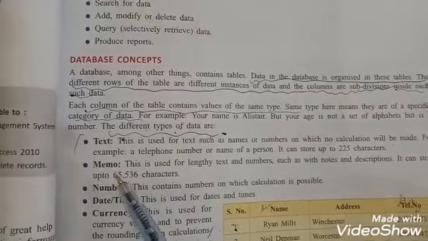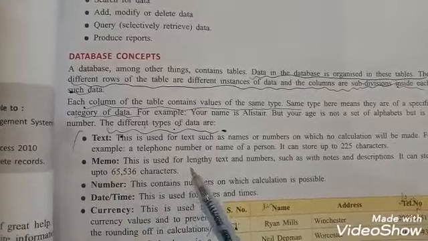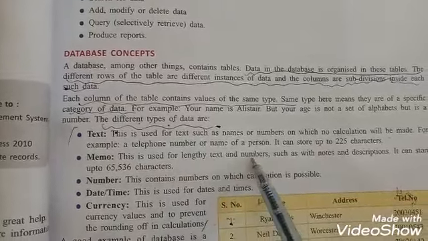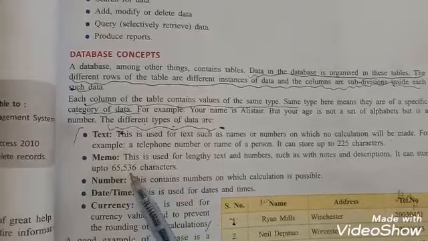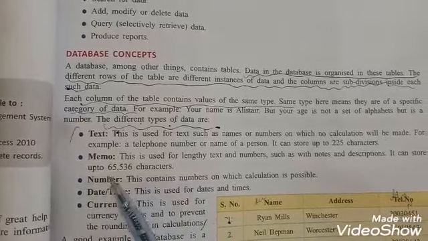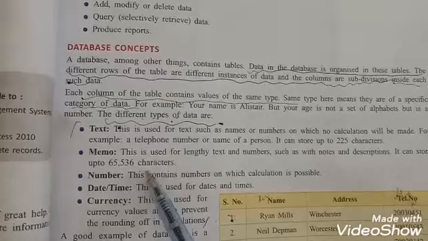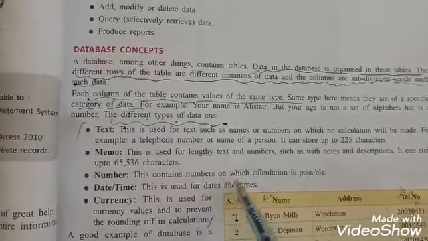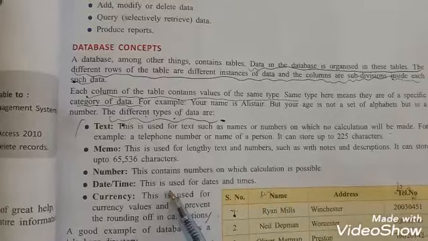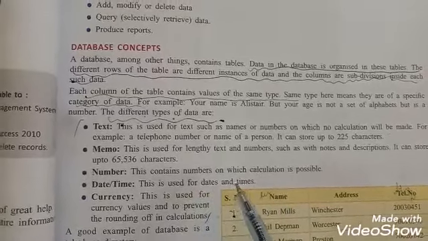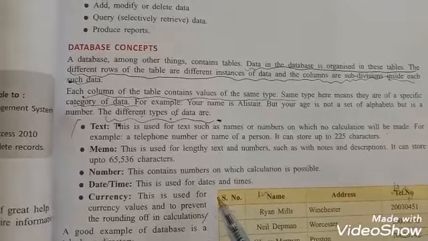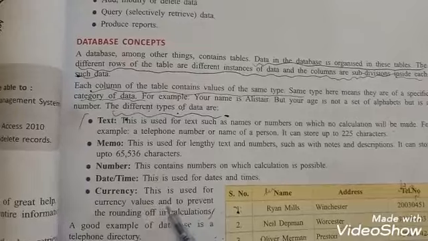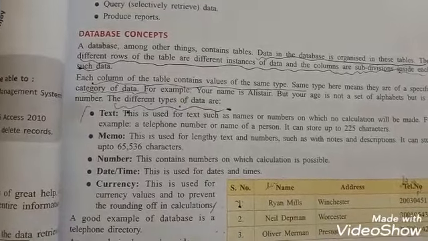Memo is used to enter lengthy data. It can store 65,536 characters at a time. And number contains calculation which we can calculate. Date and time is used to display date and time, and currency is used for rounding of the calculation.